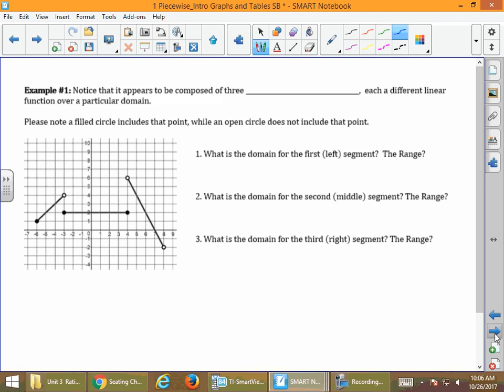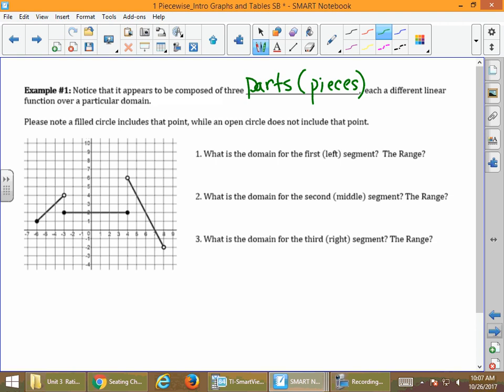And so what I say is, notice that this graph is composed of three parts or pieces. And what we've done is we've drawn lines over a specific domain.